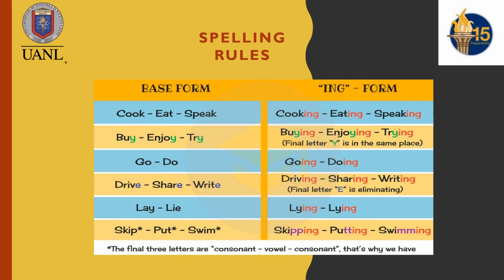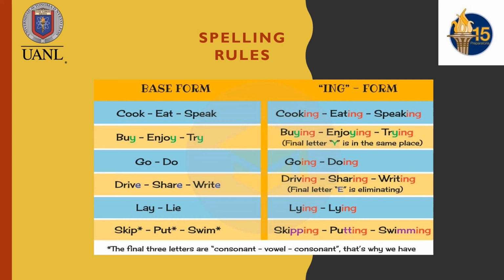When you have buy, enjoy, or try, and at the end of the verb you have the letter Y, you're going to add ing, right? Final letter Y is in the same place. Yeah, you're not going to change anything here. When you have go, for example, and do, also you're going to add only ing, going and doing.